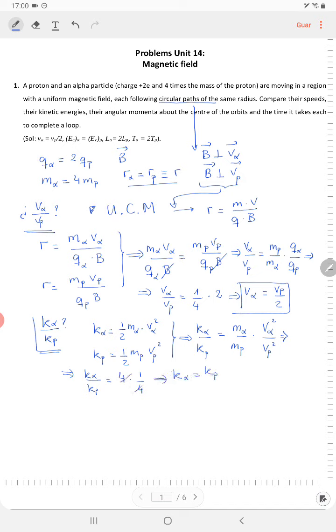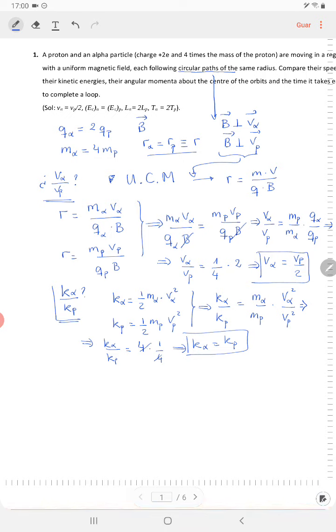And then we have to derive the angular momentum, which we call L. For a circular orbit with radius r and velocity v, the angular momentum is r cross p, the linear momentum, so in modulus it is equal to r times m times v.